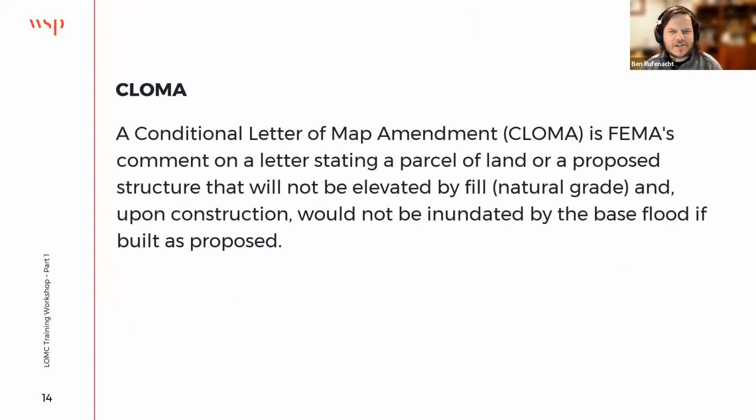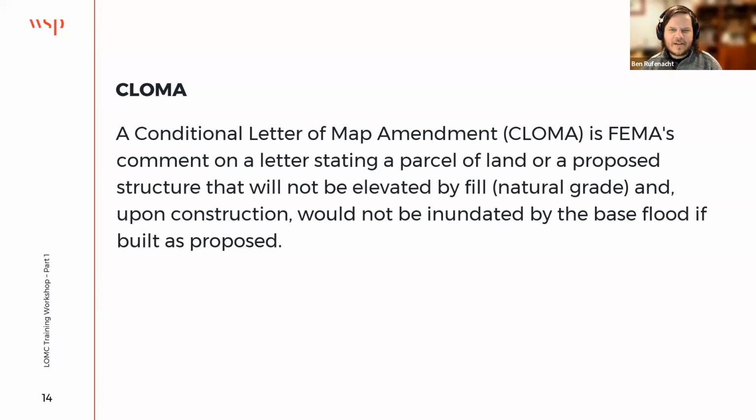And then a conditional letter of map amendment. Conditional letters of map change are the ones that you get before you do construction within the floodplain. This is to get pre-approval that what you're building will not be in the floodplain. So with a CLOMA, the only time this would really be used is if you're building a slab on grade structure that is actually above the floodplain.